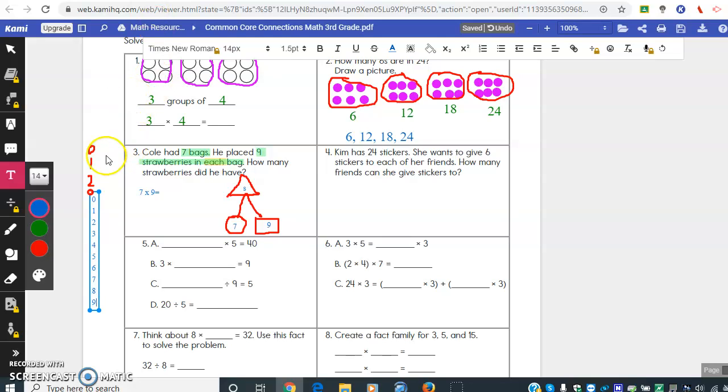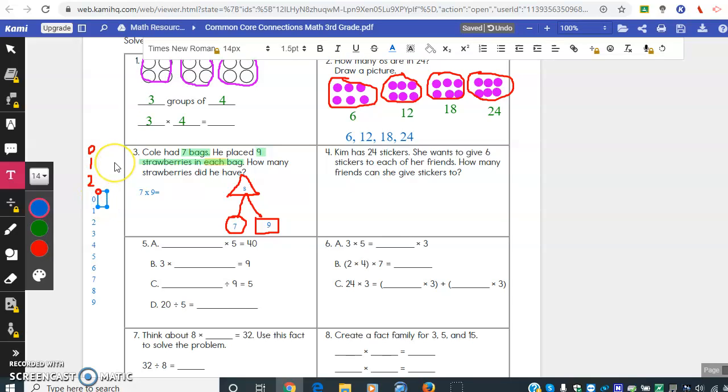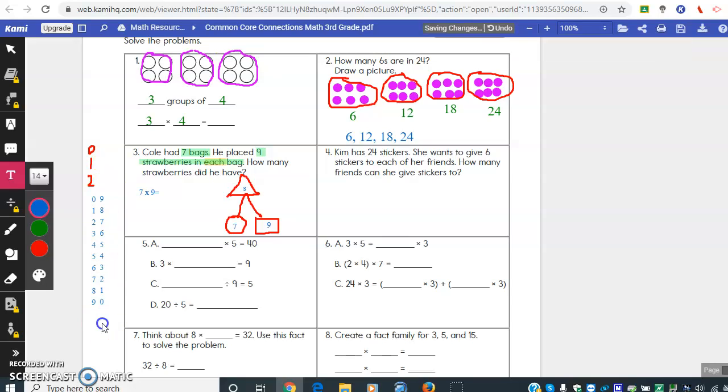And then right next to it, remember you're going to come back and you're going to write 9, 8, 7, 6, 5, 4, 3, 2, 1, and 0. Now, you have all of the answers to your 9s that you need.